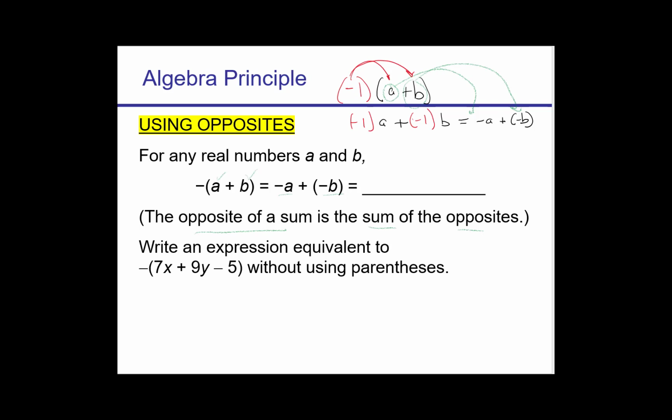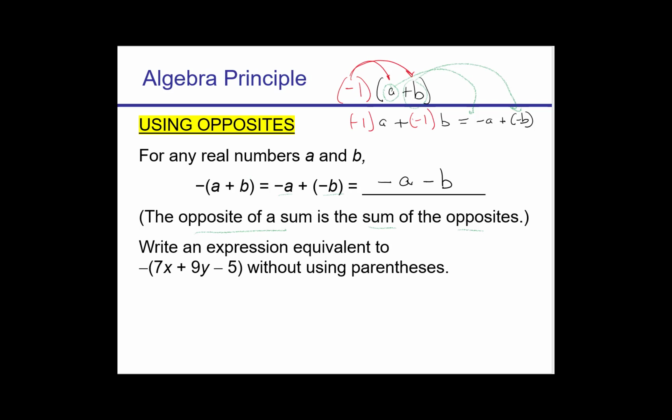Now, we have a shorter way of writing negative A plus negative B. There's too many signs with the parentheses, the plus, and the negative. So you need to fill this blank in your notes, but it's a lot easier to write this as negative A minus B. And it's still the same, it's equivalent.